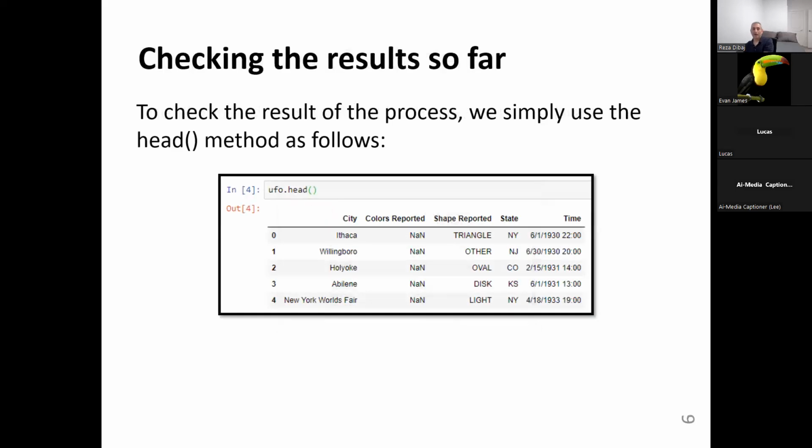Now, from this data frame, we want to check only the content that we have in a column named city.